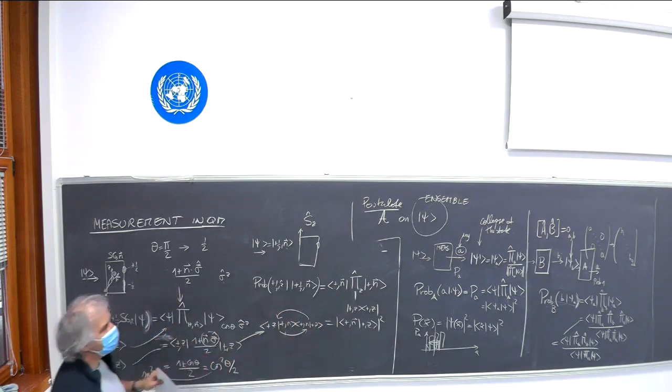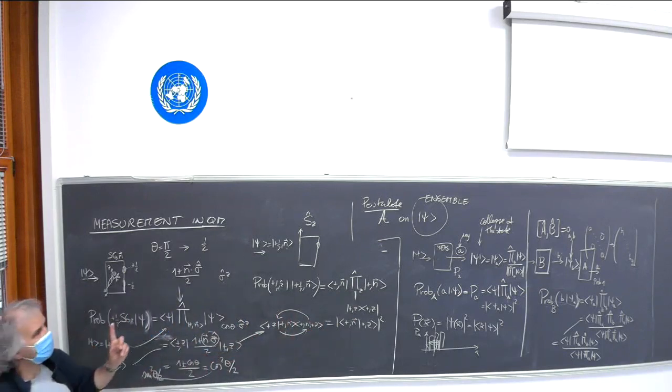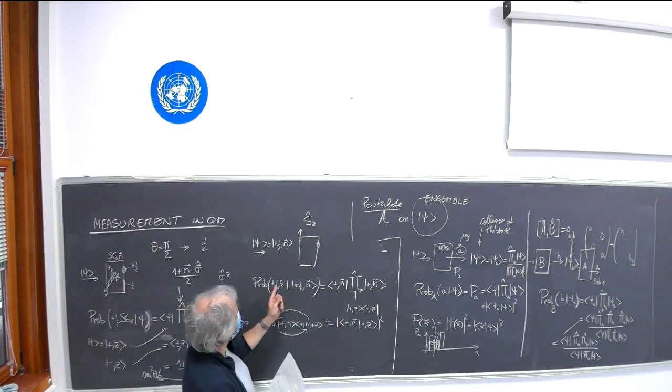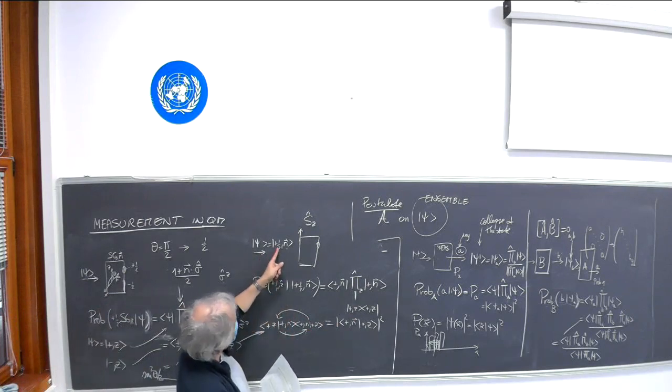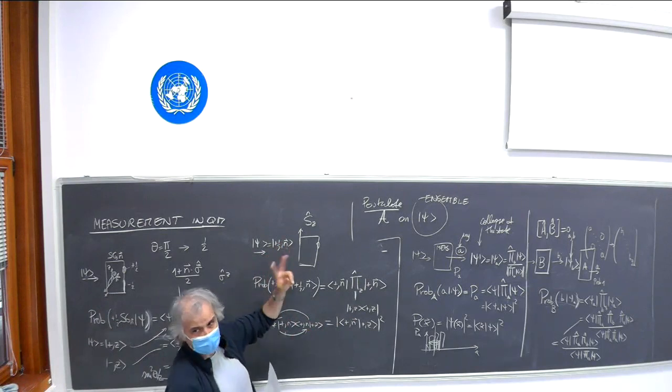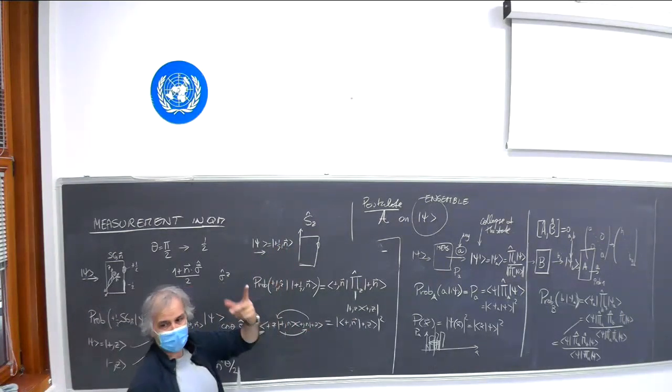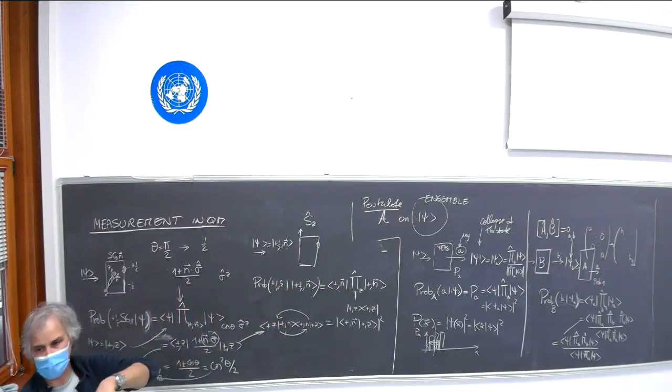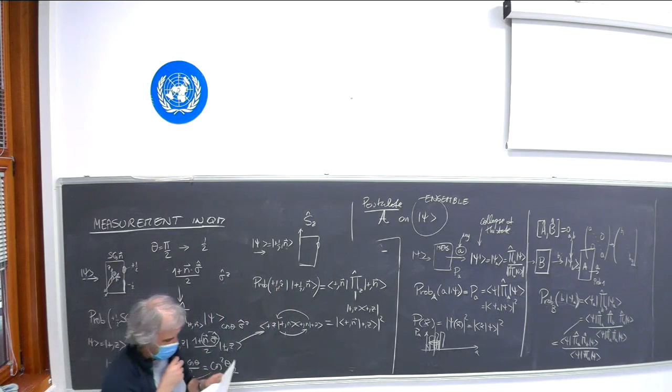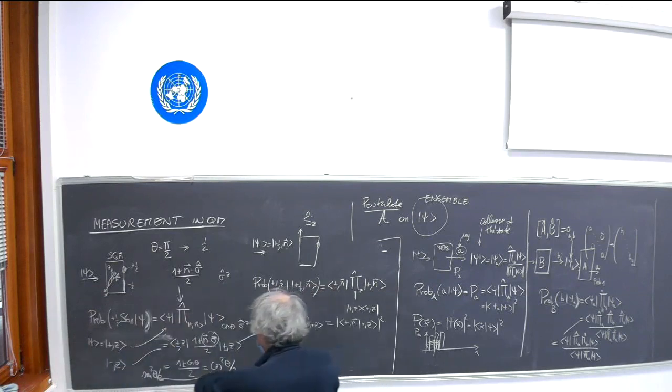So in some sense, the probability of measuring plus z by preparing plus n is exactly equal to the reverse probability of measuring plus n by sending in the plus z. And it's still cos square. So practice a little bit with these objects, so that you are sure that you know how to calculate things.